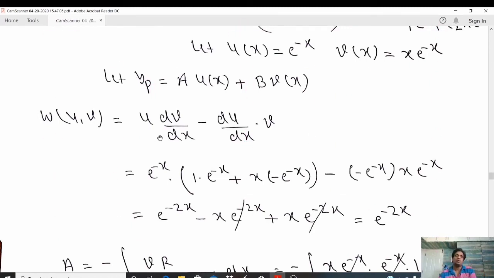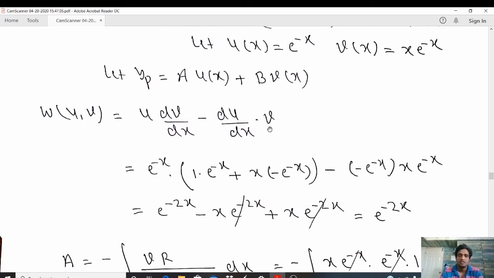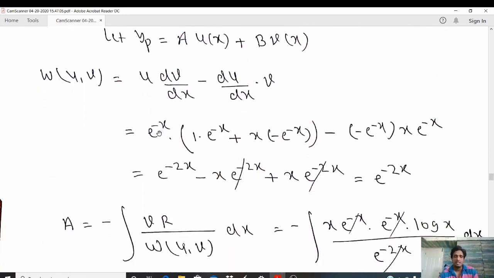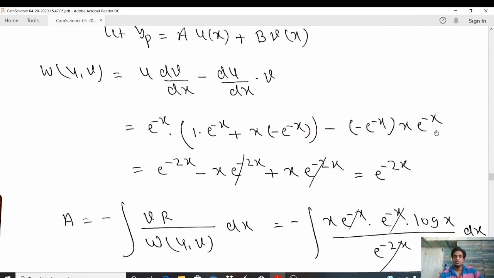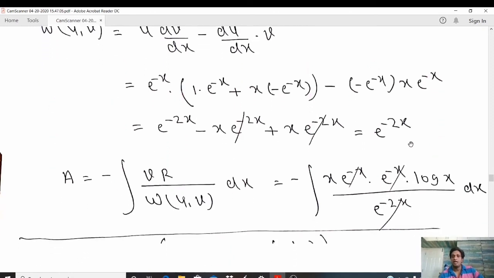So w of u comma v will be u into dv by dx minus du by dx into v. So u is e power minus x, v is x into e power minus x, and again by the product rule for differentiation, minus du by dx, minus e power minus x, v, x into e power minus x. So if you simplify, you will get the value e power minus 2x.